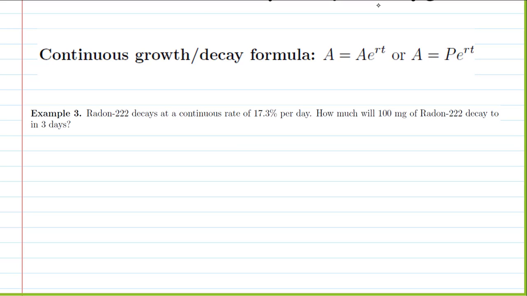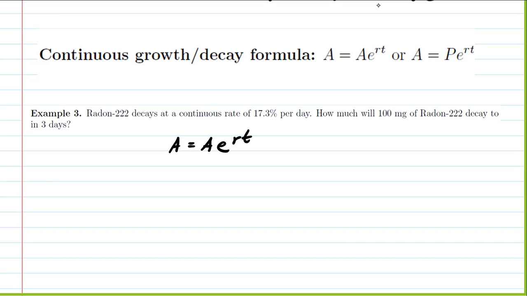So how much will a 100 milligram sample of radon 222 decay to in 3 days? So let's use our formula. We have A is equal to A naught e to the rt.